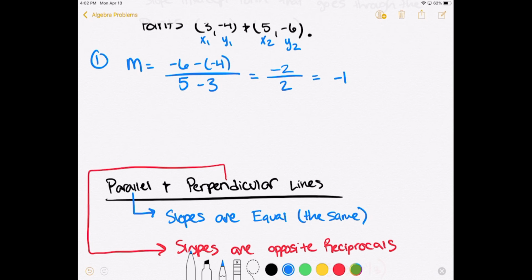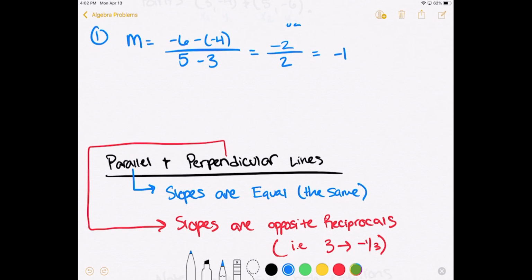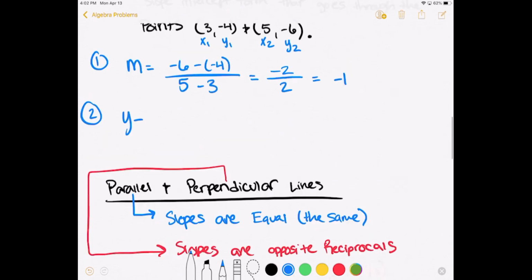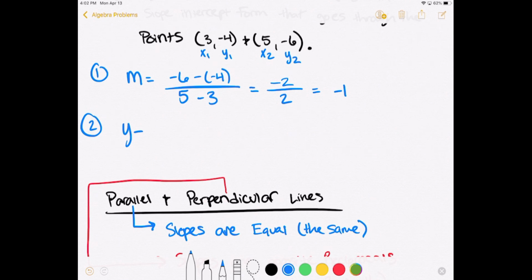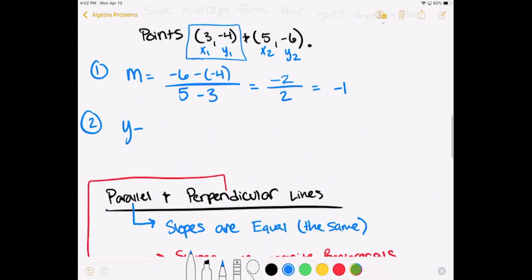Okay, make sure you reduce this right here. Don't just leave it. Always try to reduce that. So my slope is negative 1. So that's step 1. Step 2, point slope form. So y minus, in this case, y1. Remember, you're using this point right here, which is a negative 4.